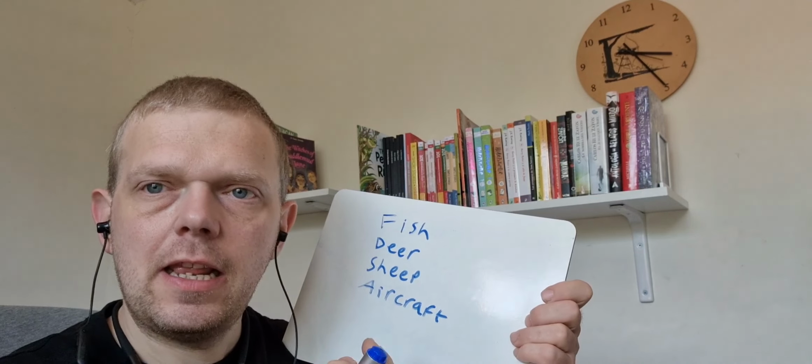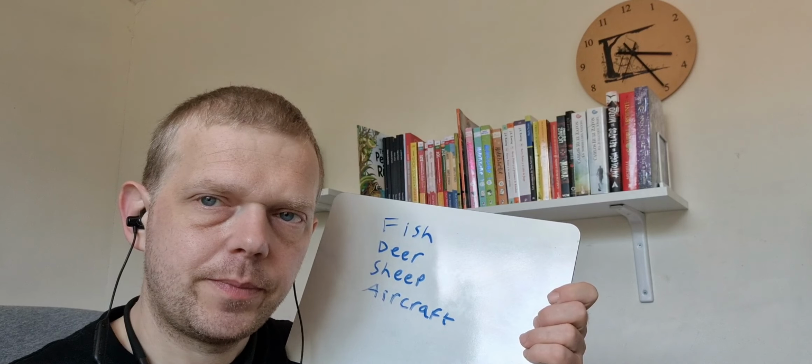All these are the exact same singular and plural. So one fish, two fish. Same with deer and sheep and aircraft. Now there are some irregular plurals as well.